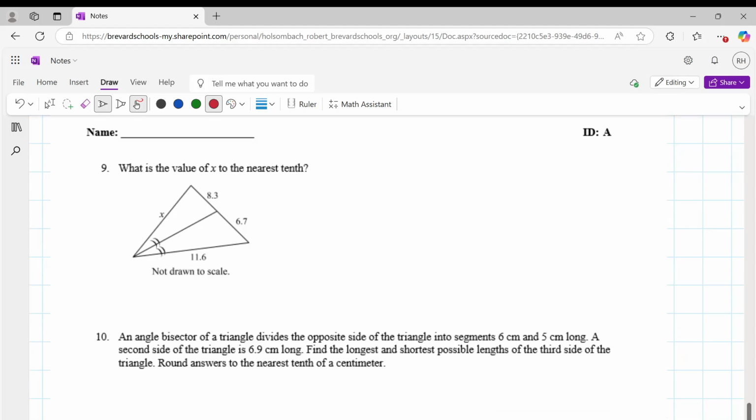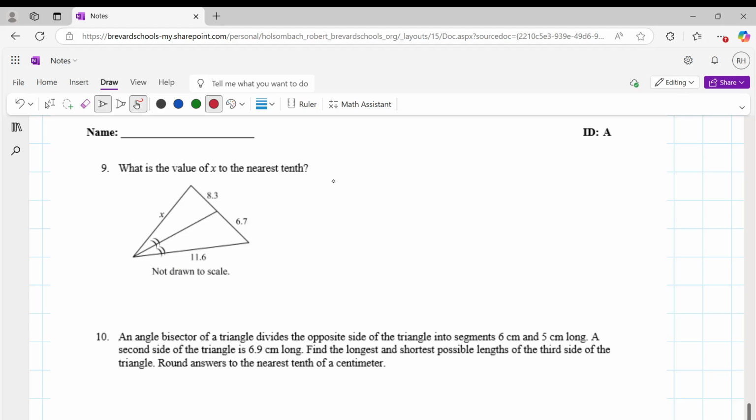Problem number 9, what is x to the nearest tenth? All right, now we've got an angle bisector. Splits the side into 2 pieces. The length of these 2 segments, the 8.3 and the 6.7, they're proportional to the sides adjacent to them.